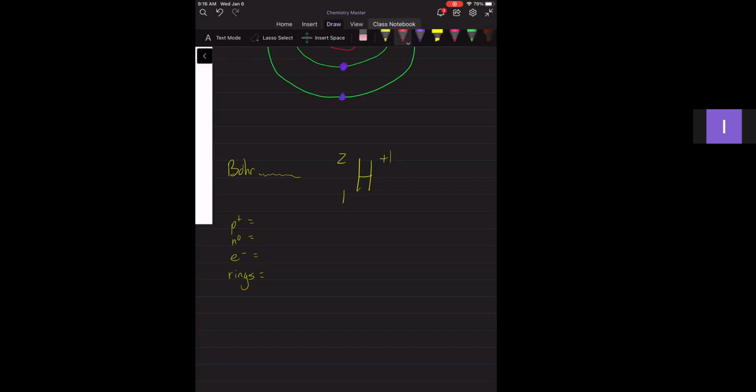Protons. Anybody for protons? Very nice. 1 proton. That is correct. I'll take anything else: neutrons, electrons, or rings, whatever you know.